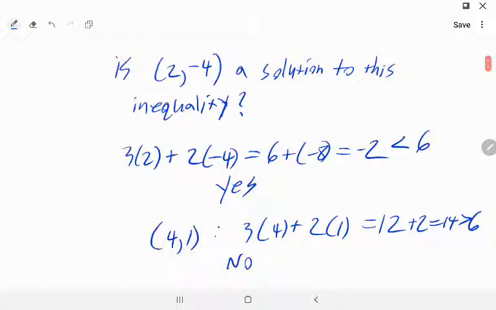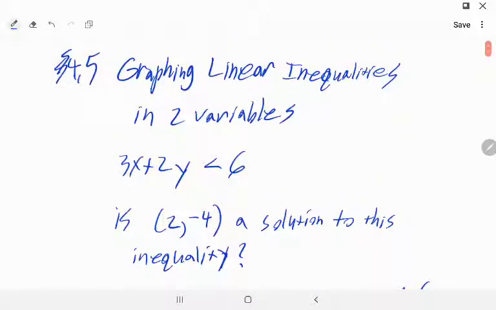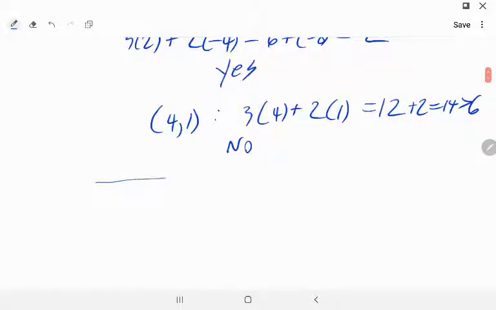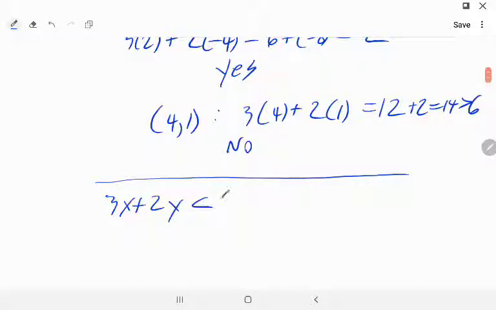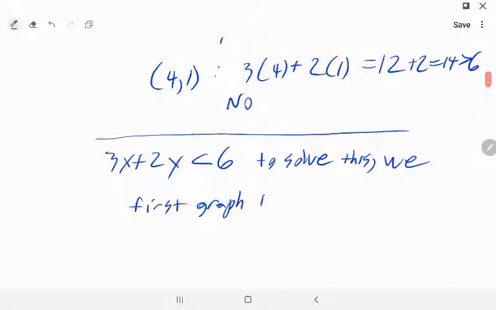And so in general, what we're going to play with is solving these using a graph. So looking at that 3x plus 2y less than 6 again, what we notice is, to solve it, we first graph the associated linear equation.